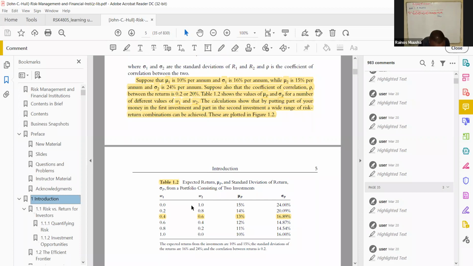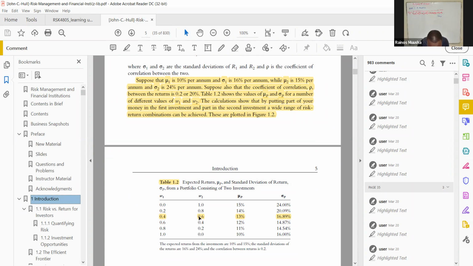So, for example, if we look at this, the third combination there is where the weight of asset 1 is 0.4 and the weight of asset 2 is 0.6.